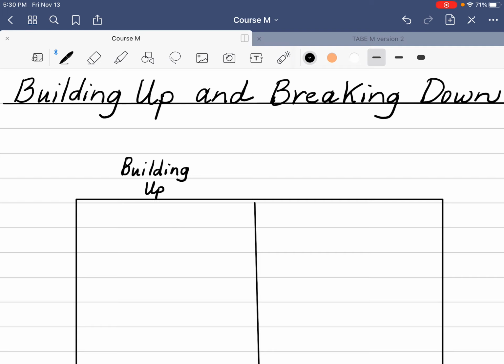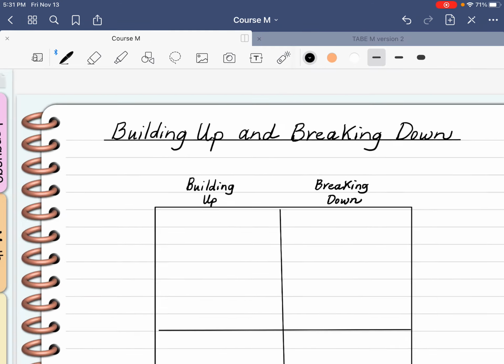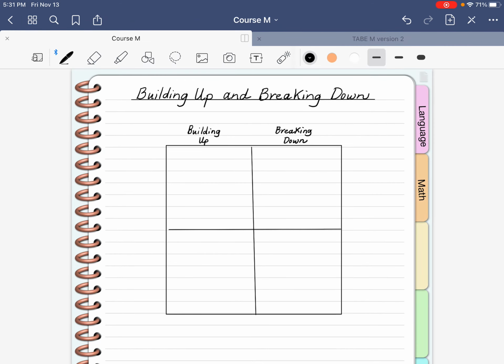And this one is the breaking down column. And then for my rows, I'm going to call this the one-time row, and this the more than one time row.